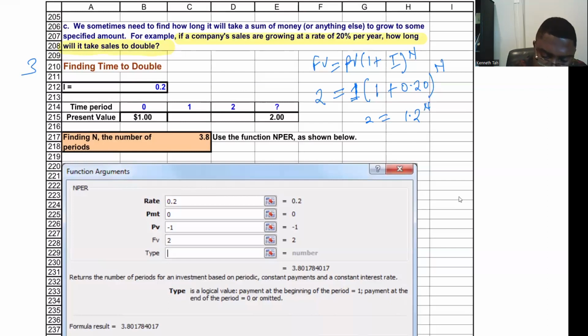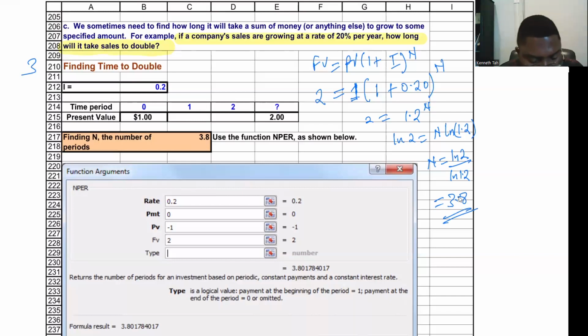We can take the ln of both sides so that n comes down. So this is going to be ln 2, which will be equivalent to n ln 1.2. When we take the ln, the n comes down, which means our n is going to be equivalent to ln 2 divided by ln 1.2, which if we do that, we'll end up with 3.8. So it's going to take 3.8 years for sales to double.